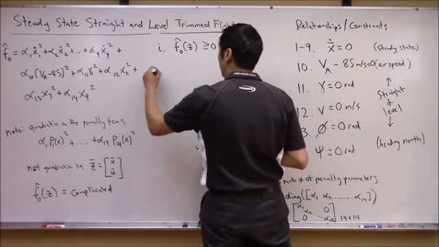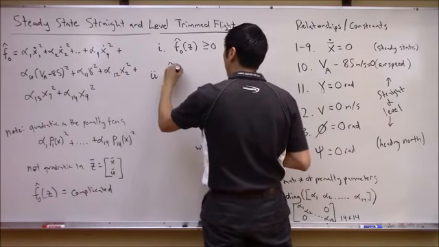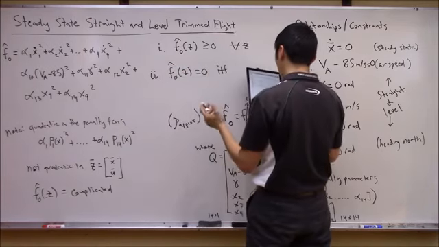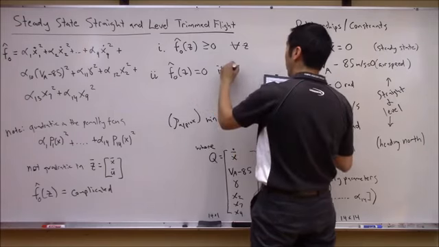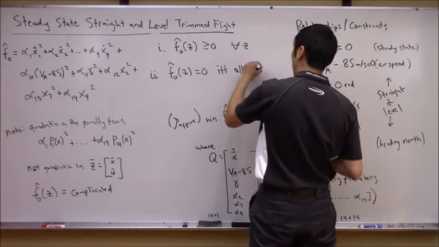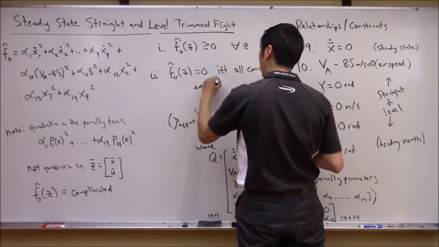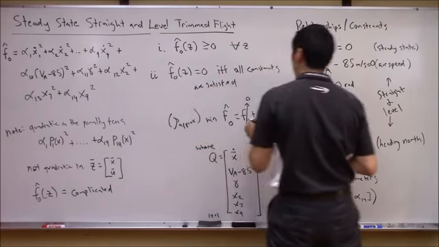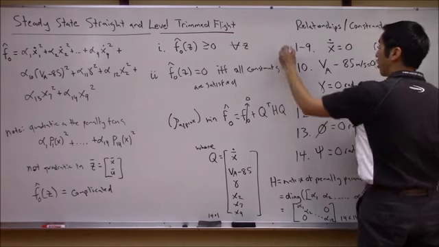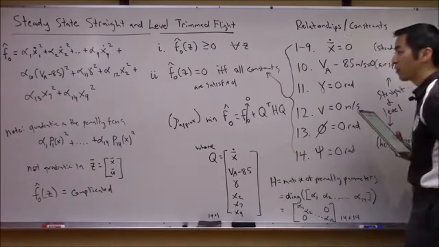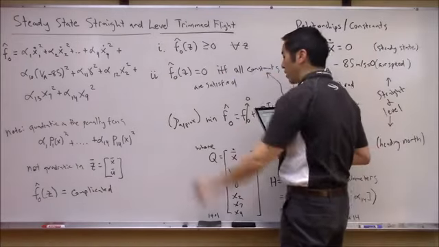And in fact, this happens if and only if all constraints are satisfied, meaning these 14 right here. If all these constraints are satisfied, the cost function evaluates to 0.